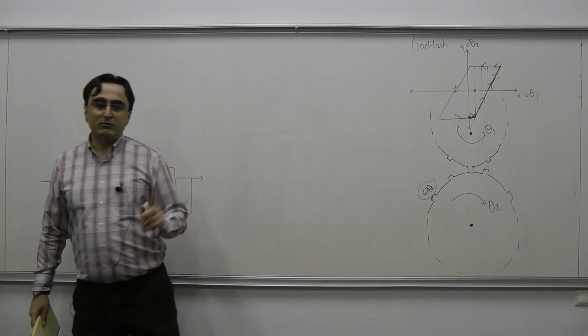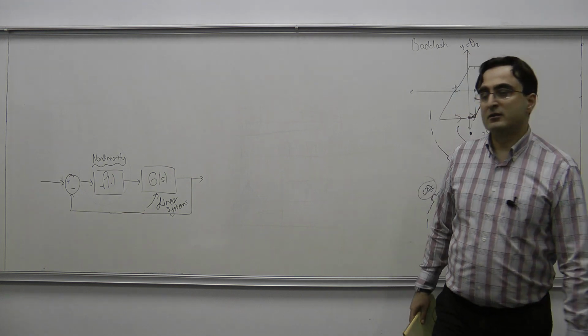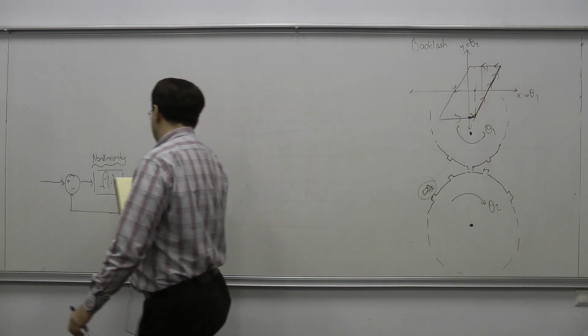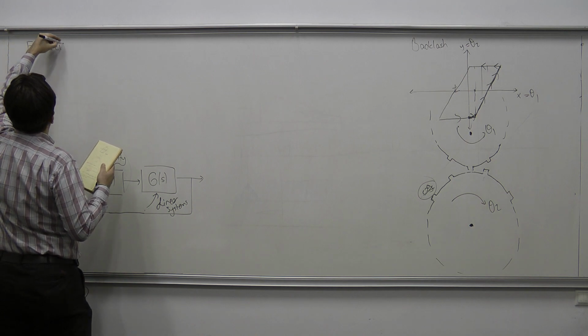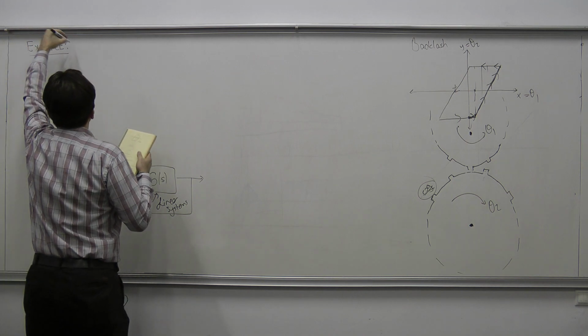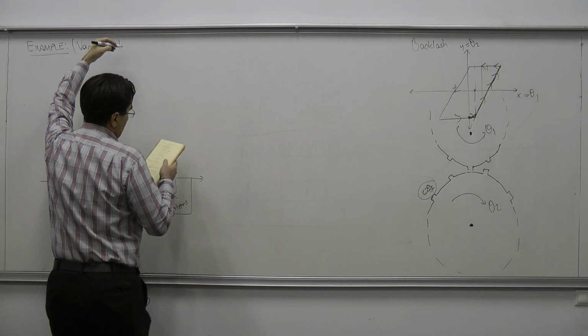So in this lecture, I will only consider a basic example to illustrate how this method would actually work. So this example is called the Van der Pol oscillator.